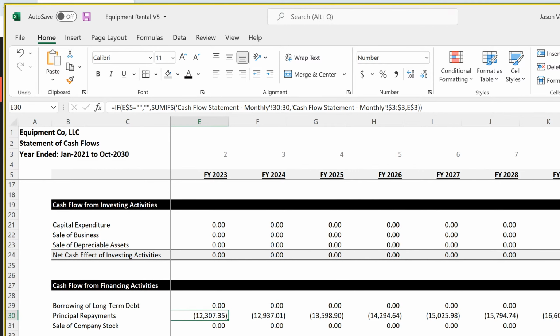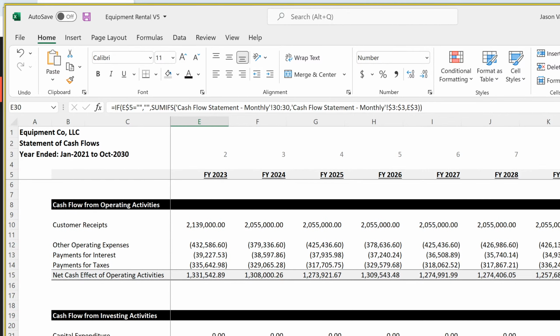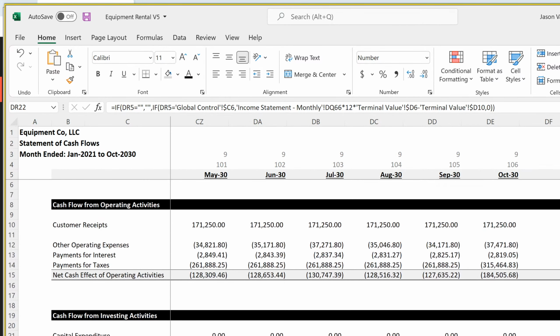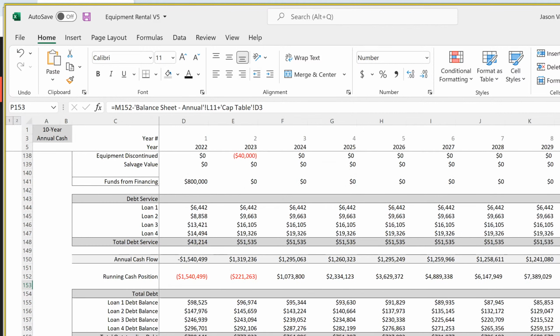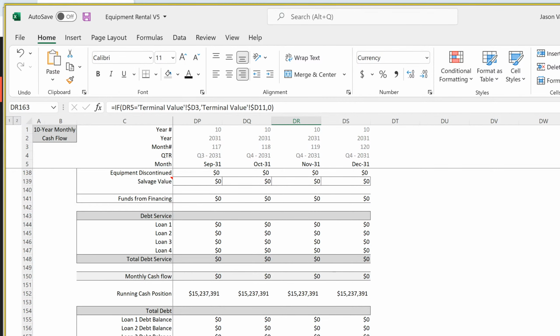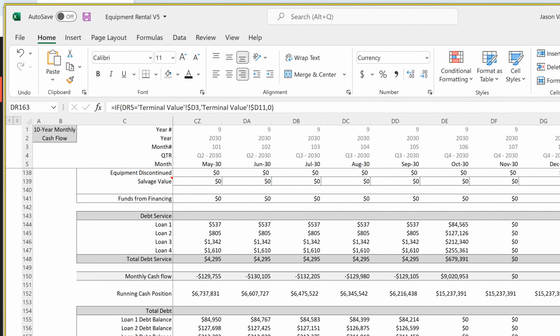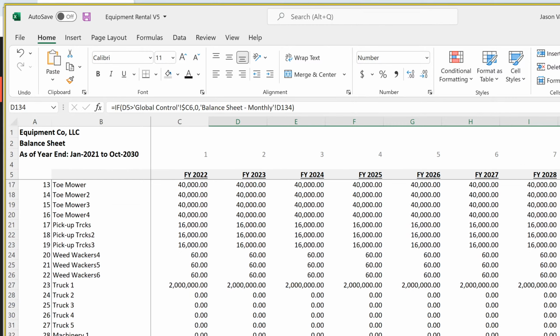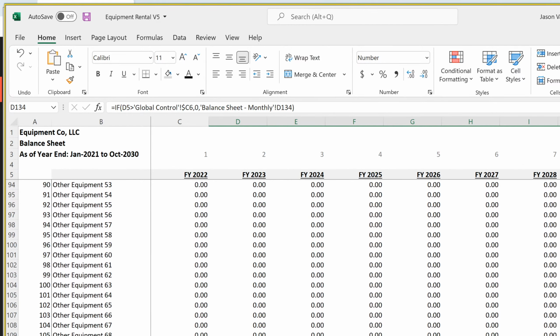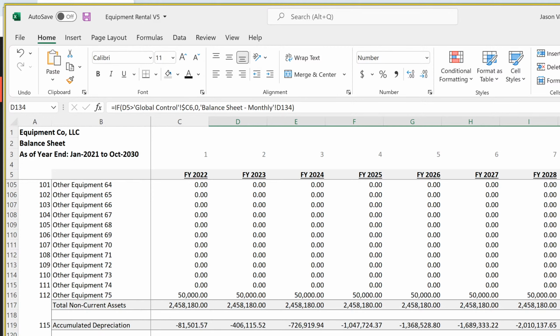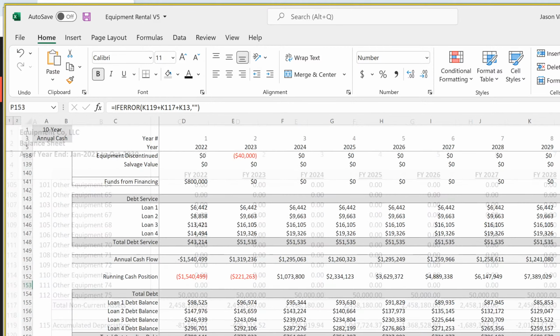Okay. So we're up by 16 million now. That's a big number. Let's see why. $16,921,000.